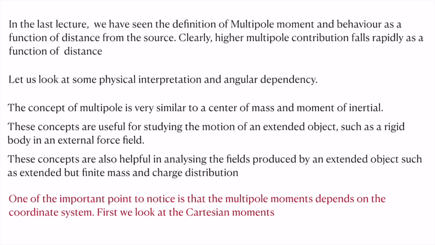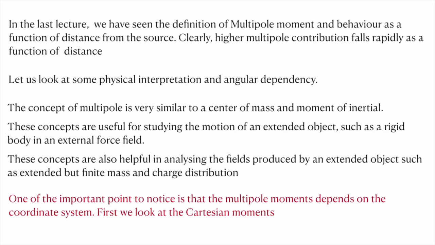Now, one of the important points to notice in this case is that a multipole moment by definition depends on the coordinate system. So, as a preliminary, let's go through the Cartesian multipole moments and then we go to the spherical multipole moments or the Y_lm expansions of the multipole structure.